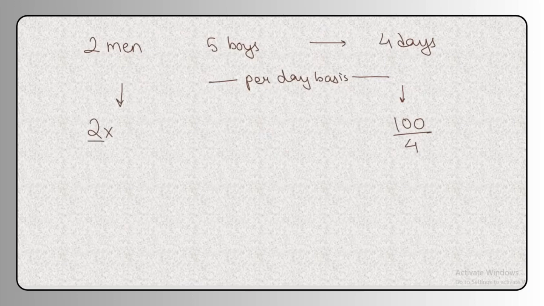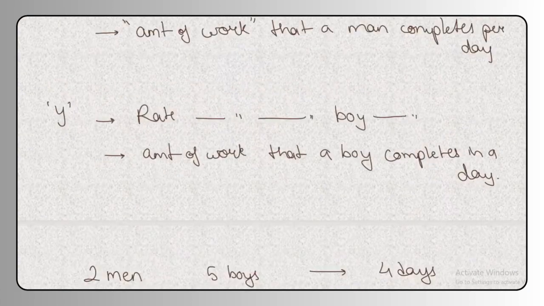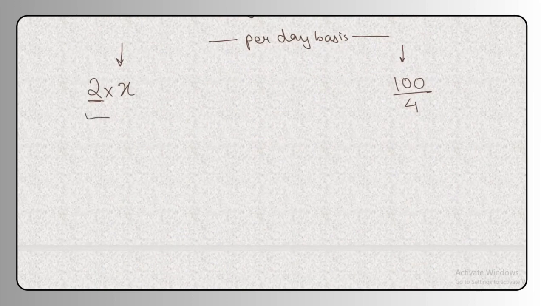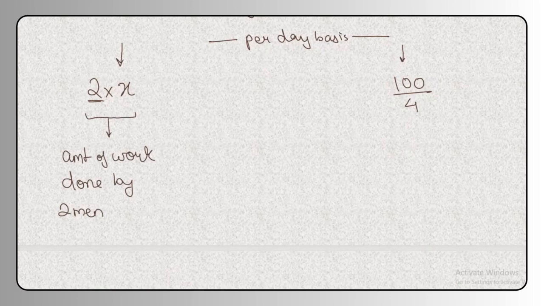What I mean is, two men are doing the work, and the rate, the speed at which they can complete the work, is right here, X. So 2 multiplied by X is the amount of work done by two men on a single day. Okay.